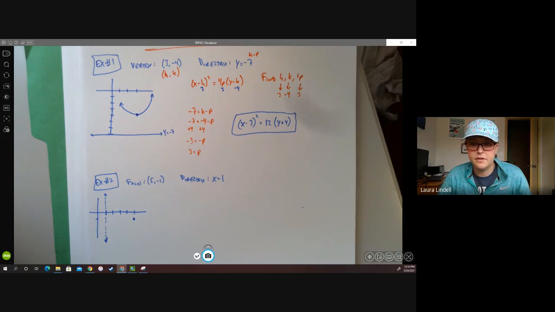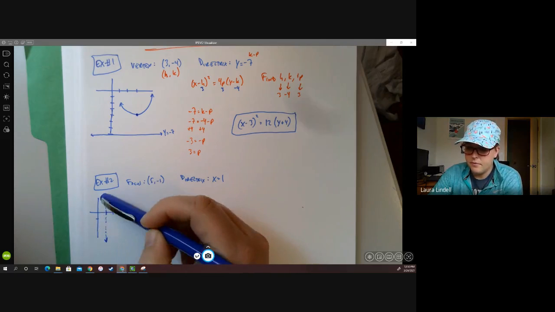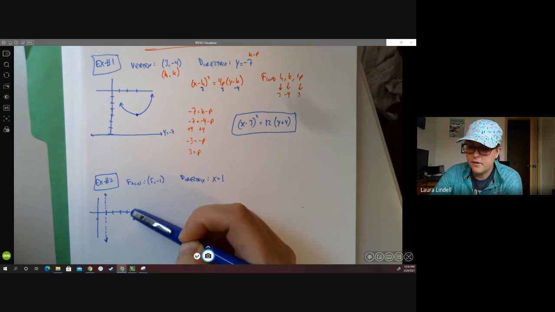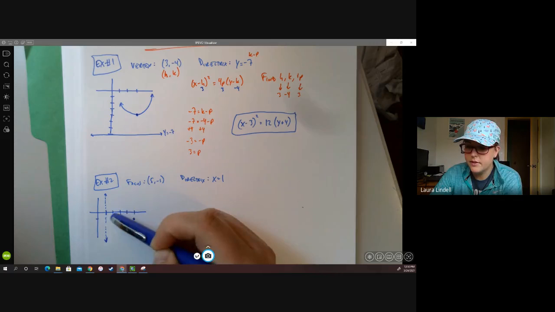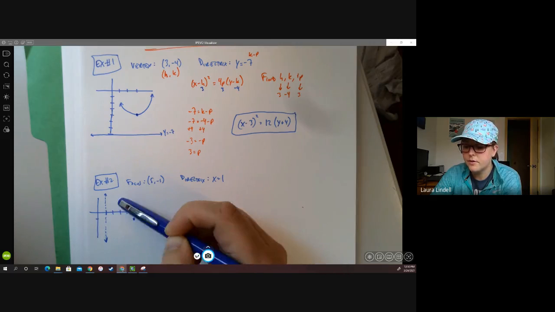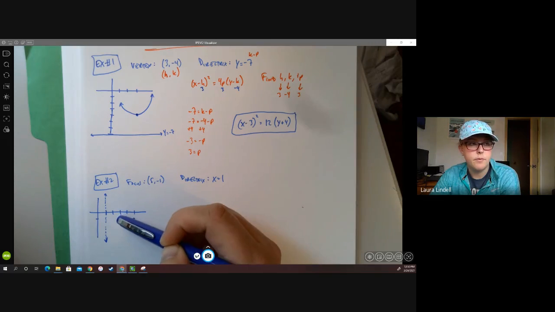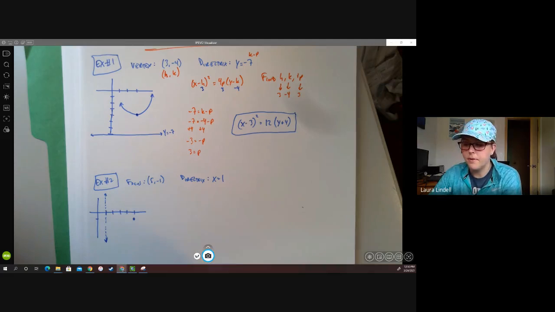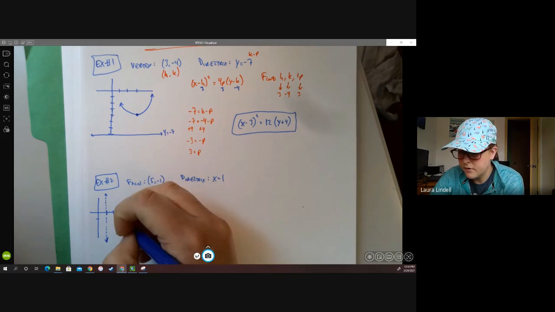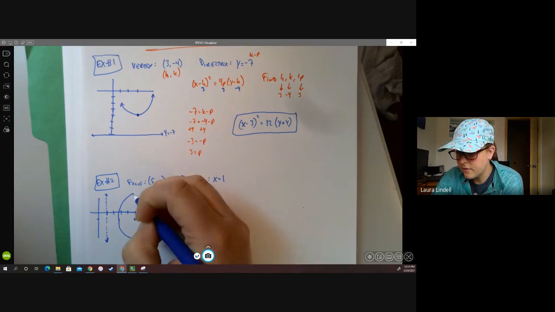Do we agree, disagree? Yeah. This one is going to open to the right. We've got this directrix and the focus here. So the parabola is going to be in between the two. The vertex will be in between the two. And we don't want to cross the directrix or something. So our parabola is going to look something like this.